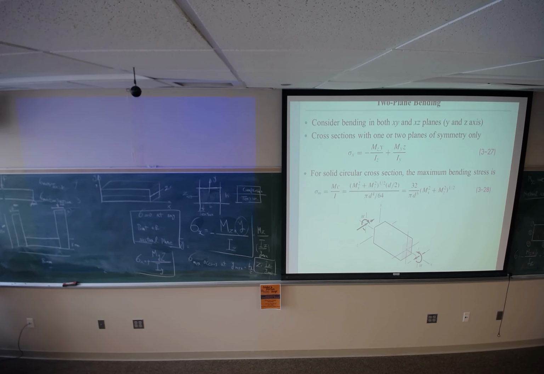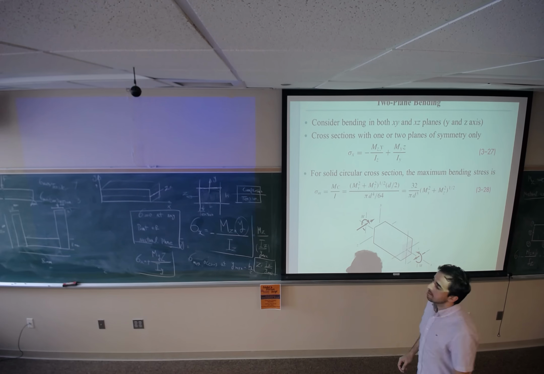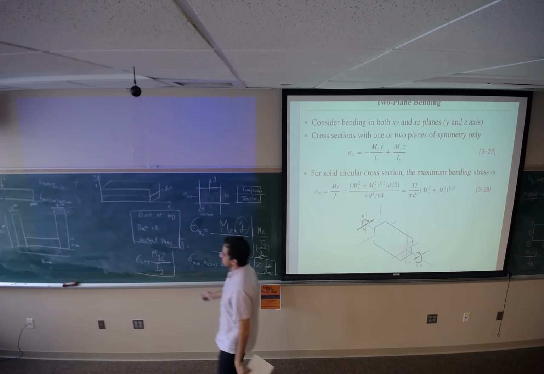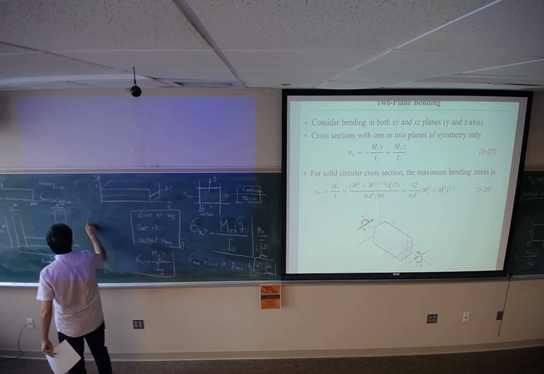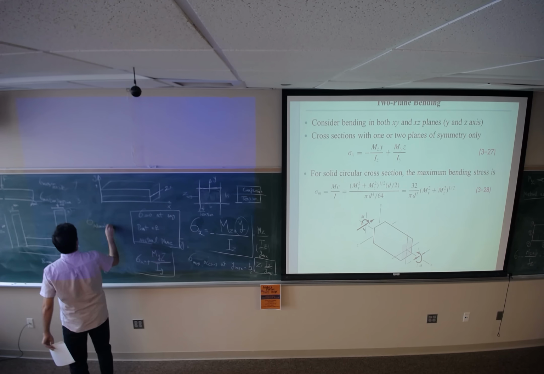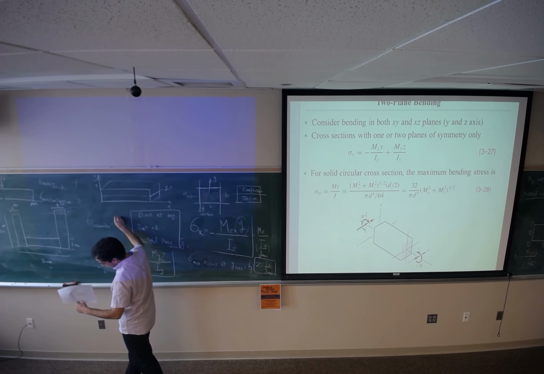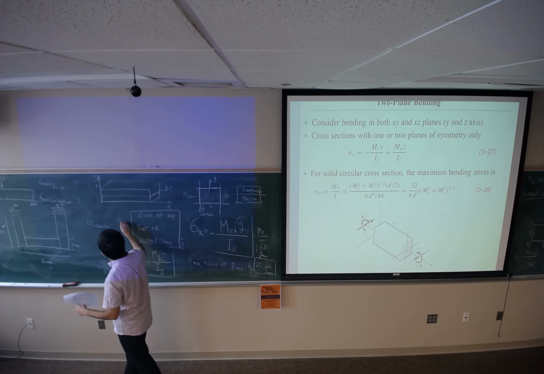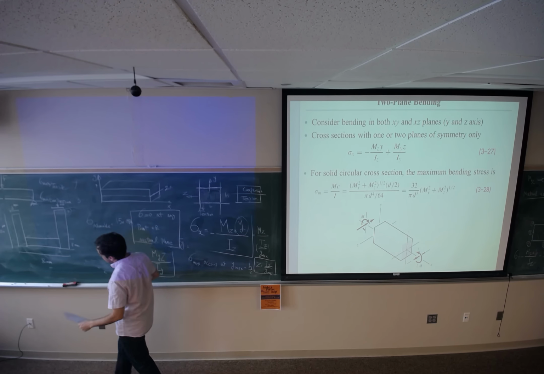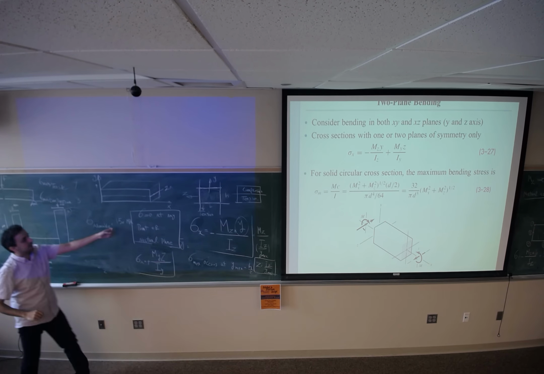It's under Mz. It's under only a bending moment in the z direction. We know that the maximum allowable stress is 150 megapascal. So the cross section cannot support any stress more than 150 megapascal.